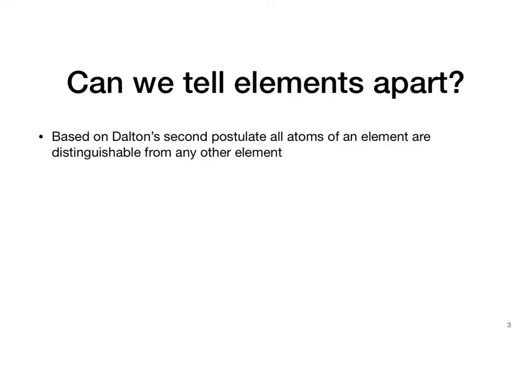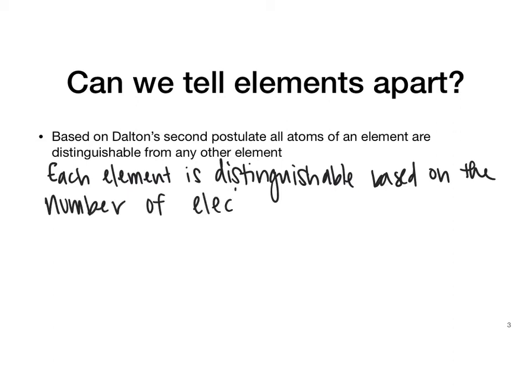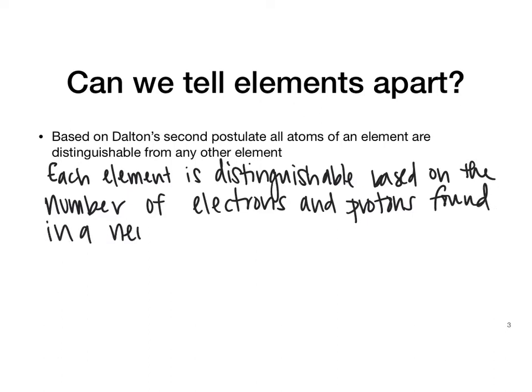So it turns out that each element is distinguishable based on the number of electrons and protons found in a neutral atom.